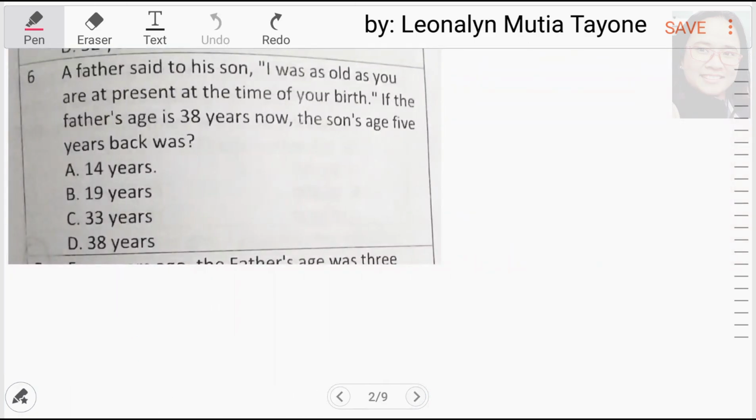So, dito na tayo sa next question. A father said to his son, I was as old as you are at present at the time of your birth. If the father's age is 38 years now, the son's age 5 years back was, is it 14, 19, 33, or 38?